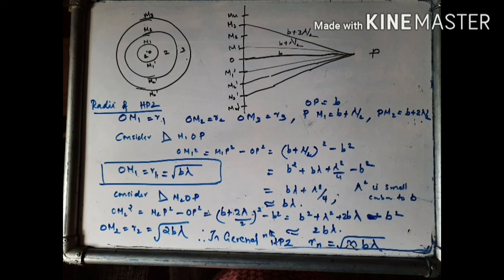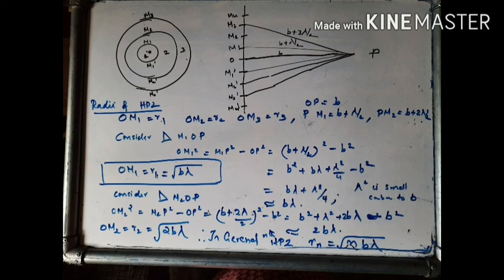Now consider the right angle triangle M1OP. According to Pythagoras theorem, OM1 squared is equal to M1P squared minus OP squared. Substituting the values of M1P and OP, we get (b plus lambda by 2) the whole squared minus b squared. We expand (b plus lambda by 2) the whole squared as (a plus b) the whole squared, so we get b squared plus b lambda plus lambda squared by 4.